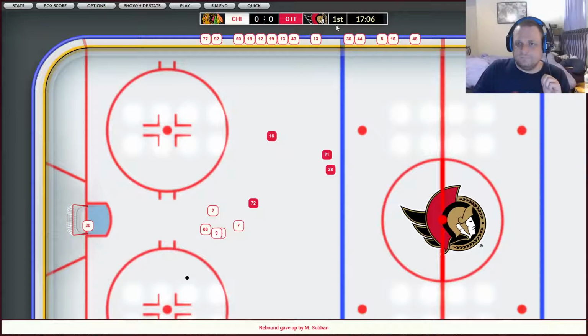So yeah, this is the first period. So Chicago is on that side of the ice, right? So you have the goaltender here, number 30. And that's Chicago's zone. Now the thing is that in the second period the goaltenders are going to swap. So Ottawa's goaltender is going to be here, and then Chicago's goaltender is going to be in the other net.